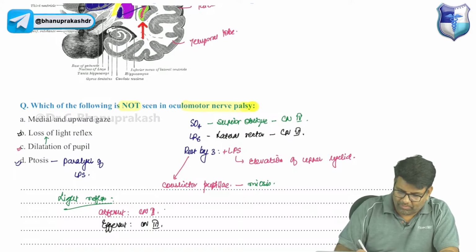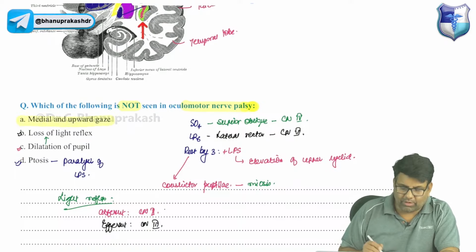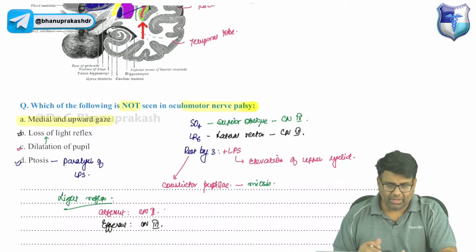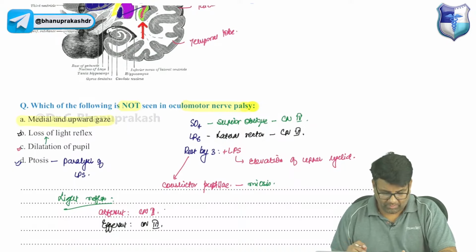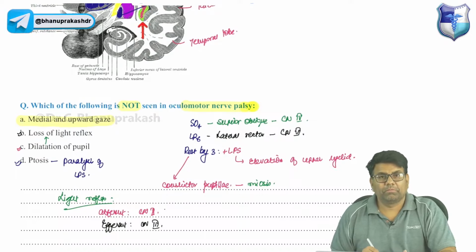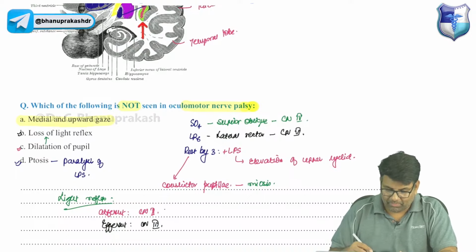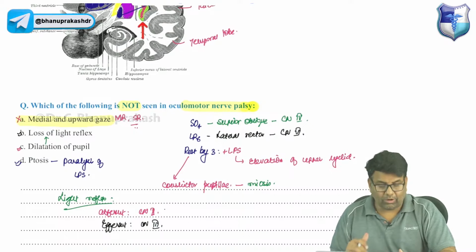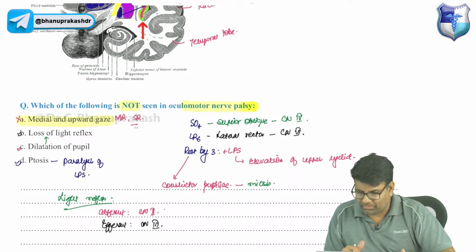So what is left now? Medial and upward. Medial gaze is by the medial rectus, upward gaze is by the superior rectus, both paralyzed because they are supplied by the third nerve. So this will not be possible in a case of palsy.